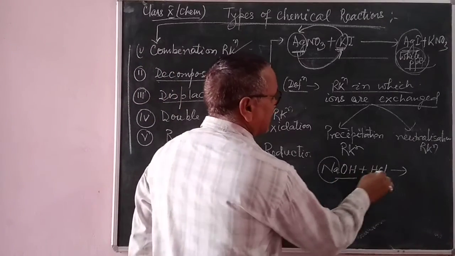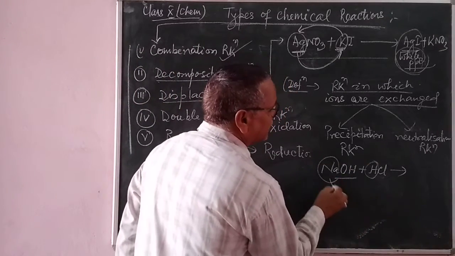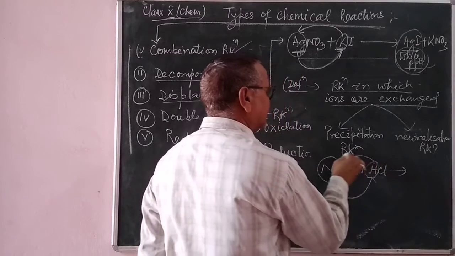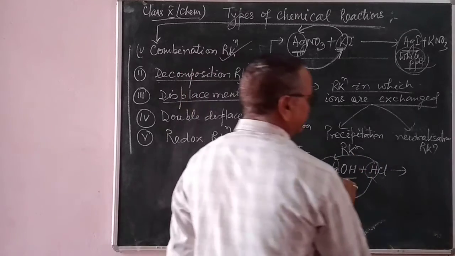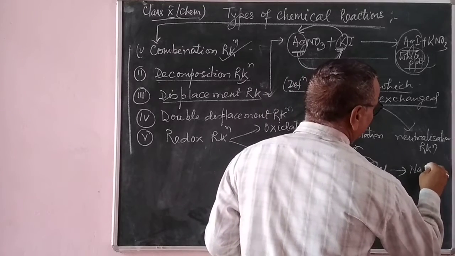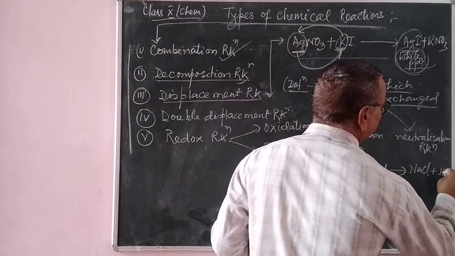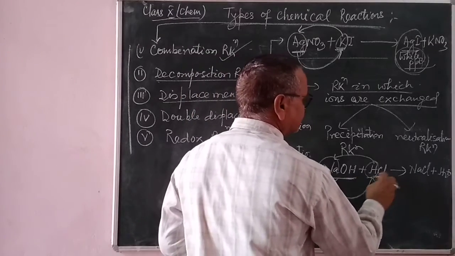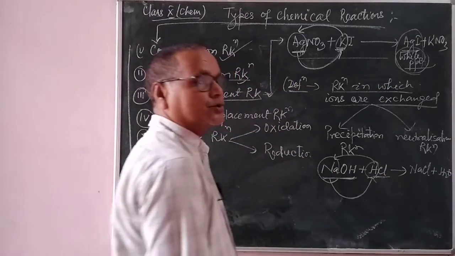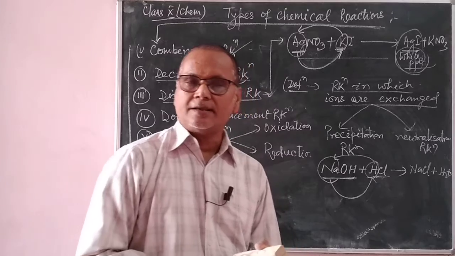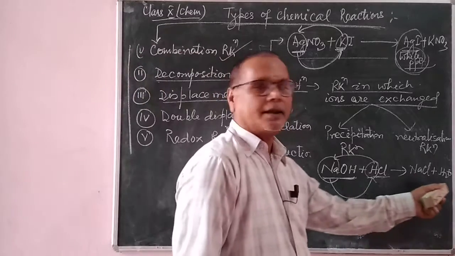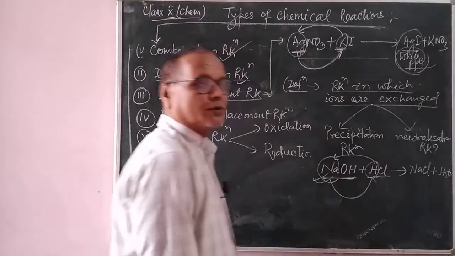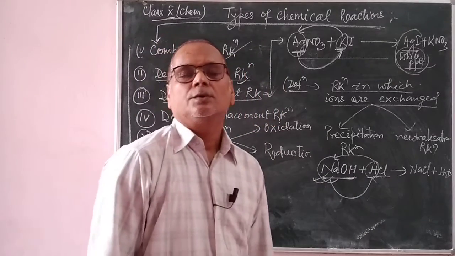Sodium is here, hydrogen is here. Hydrogen takes the place of sodium. Then it will form sodium chloride and water. So acid and base neutralize each other and form salt and water. So neutralization reactions also take place under it.